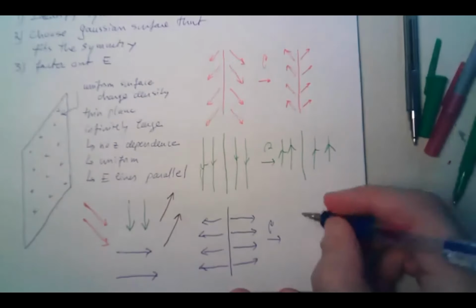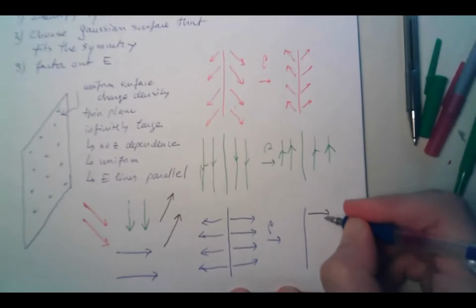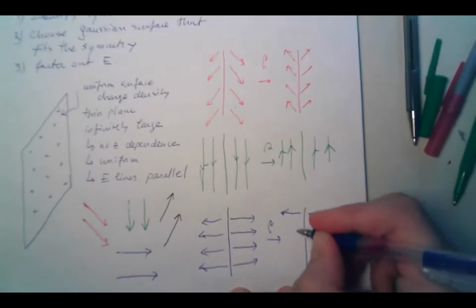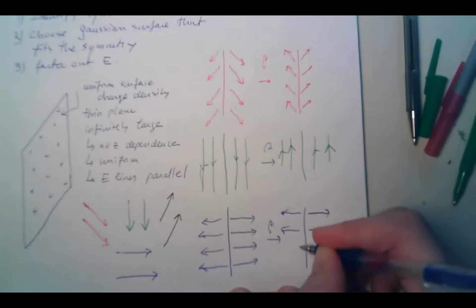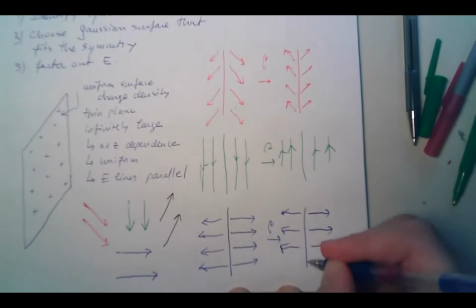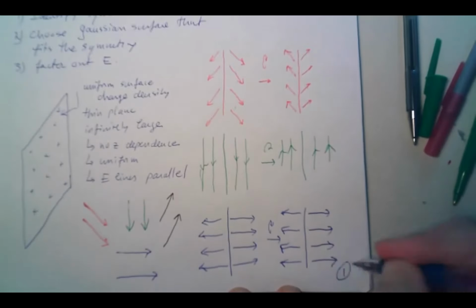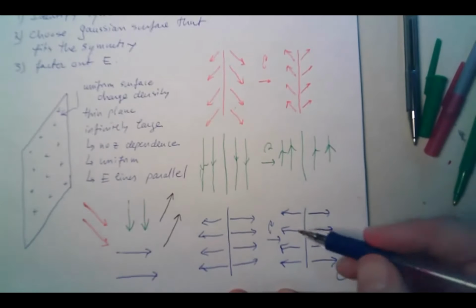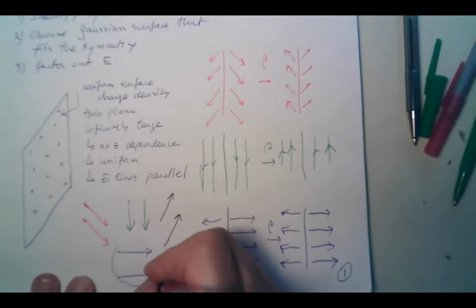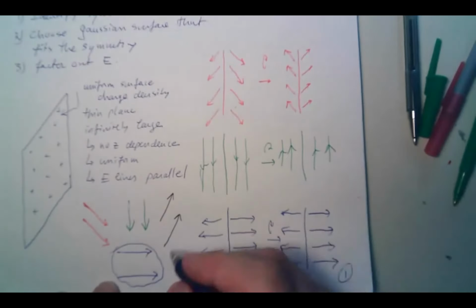They're staying the same. So this one fits. So we've used symmetry to determine what the electric field looks like. So this one is the one that fits, and therefore we have this.